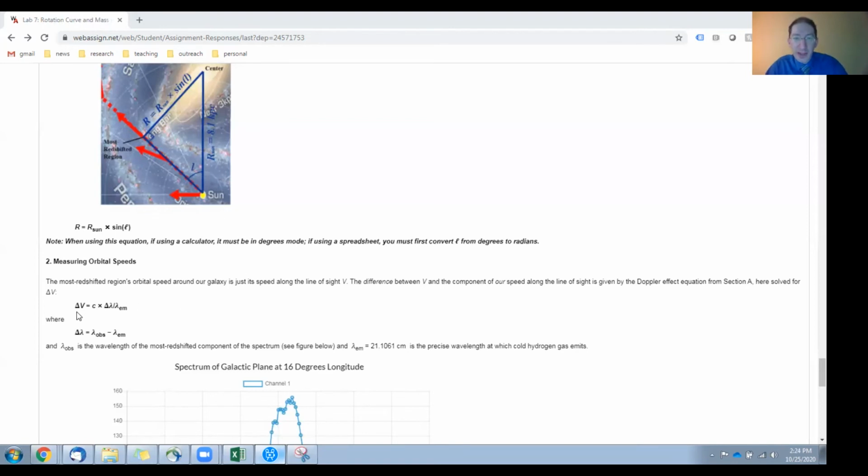The relative velocity is equal to the speed of light times the change in wavelength divided by the emitted wavelength, where the change in wavelength is equal to the observed wavelength of the most redshifted component corresponding to this special region minus the emitted wavelength. And the emitted wavelength of cold neutral hydrogen is 21.1061.